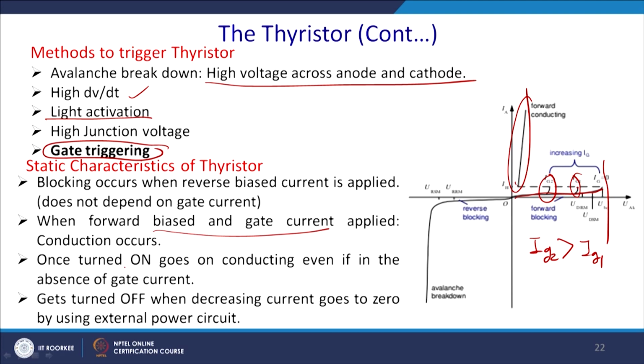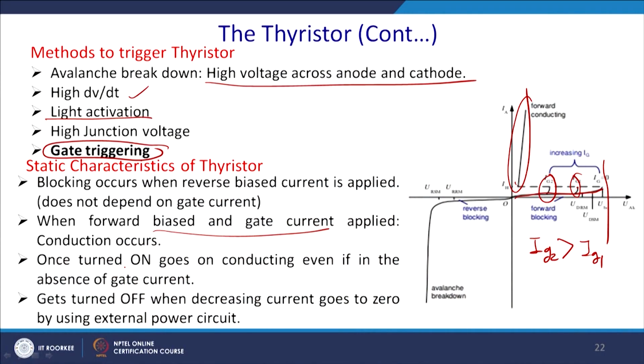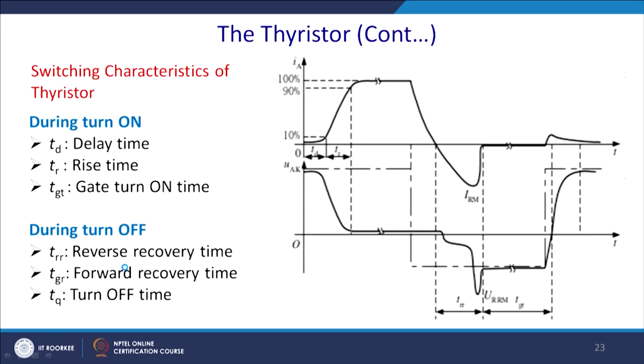Once turn on happens, the gate is no longer required. You can put off the gate, as it is only required to turn it on. Once it is turned on, the gate circuit may be put off, and thus you can avoid constant dissipation of current across the gate. The thyristor turns off when the decreasing current goes to 0 because of the external power circuit.